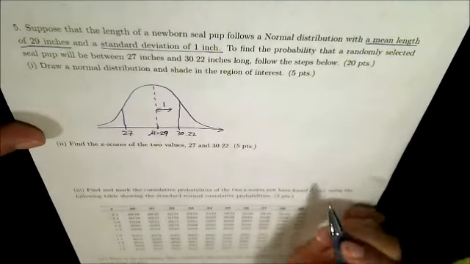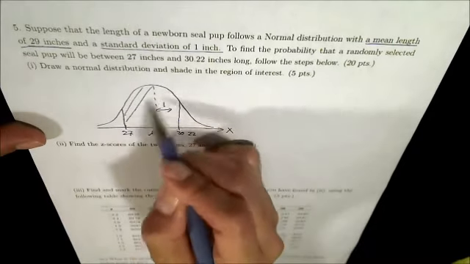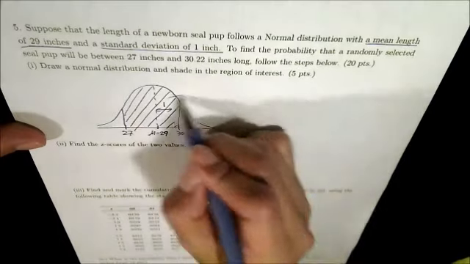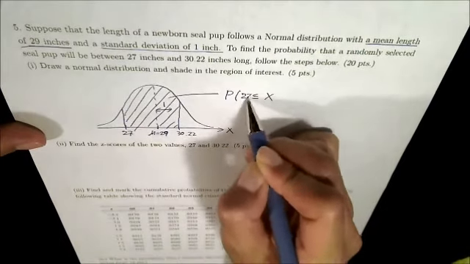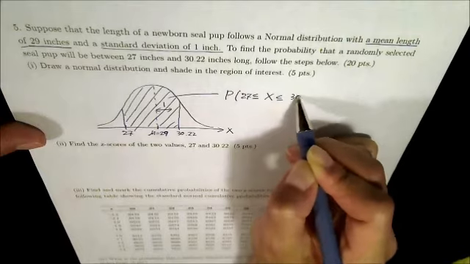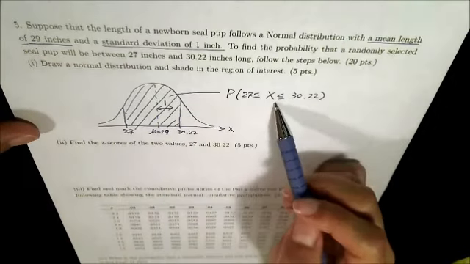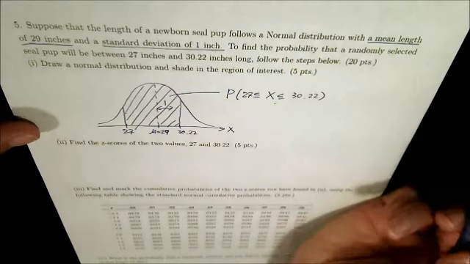I want to find the probability that your variable x is between 27 and 30.22. To find this probability, we are going to use this table. To use this table, I have to find the corresponding z-scores.